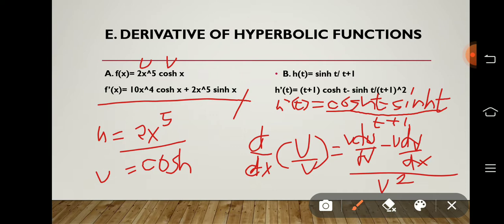So cancel out t plus 1, though one may remain. So what is left is cosine hyperbolic t minus sine hyperbolic t over t plus 1.